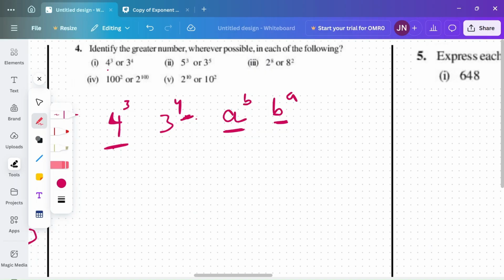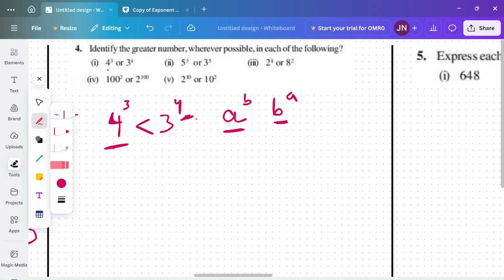So here 3 raised to the power 4 will be greater. Again, I'm repeating, if the base and exponents are interchanged in the numbers, then the one with the higher power will be the greater number.